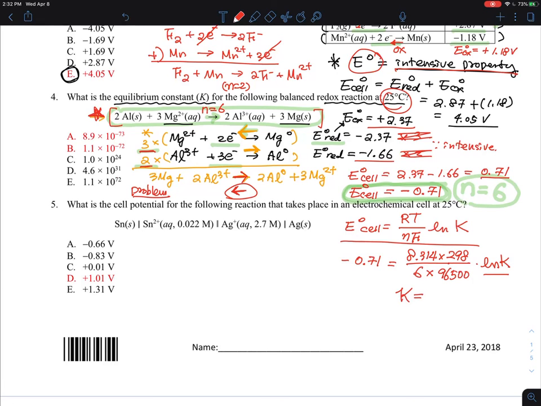The answer that I got is something like 8.7 times 10 to the minus, let me see. As far as I know, ln K is minus 166, and then I was able to get the K value of 8.7 times 10 to the minus 73, not 23.